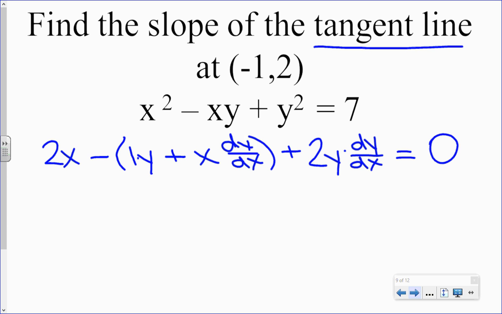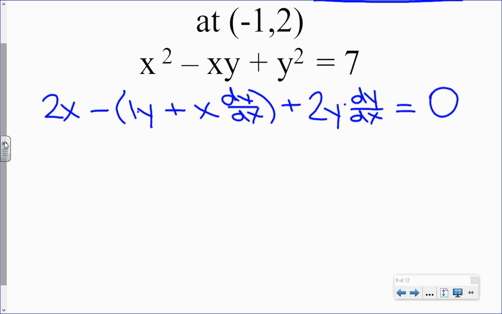There's probably a pretty good probability that on at least one of these problems you will accidentally not take the derivative of the constant. Please be very, very careful. Just be very thoughtful as you're going through these to avoid that silly mistake.